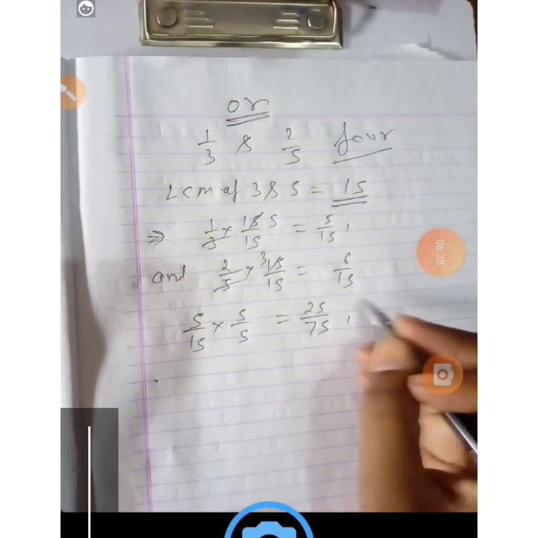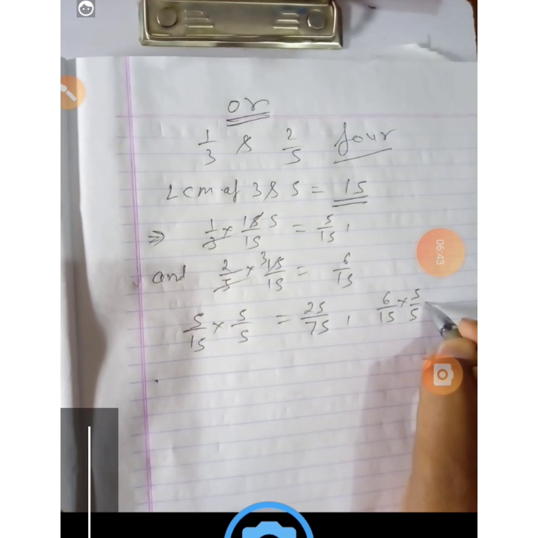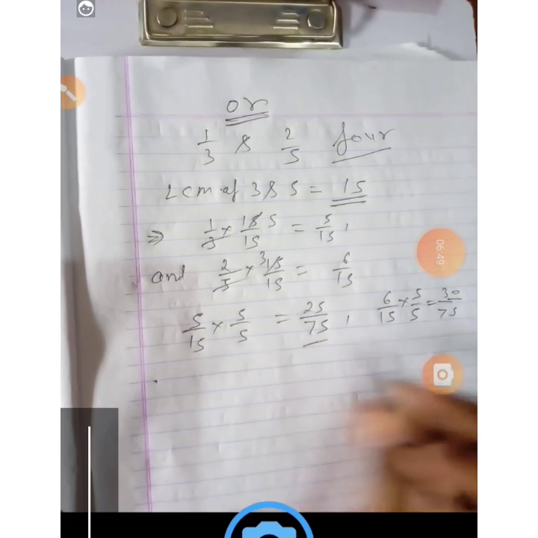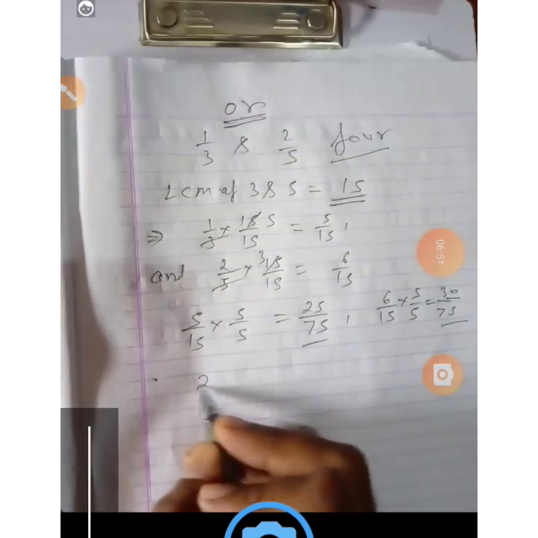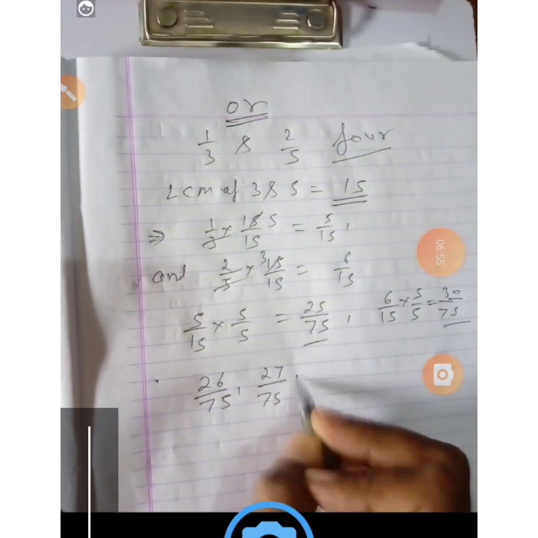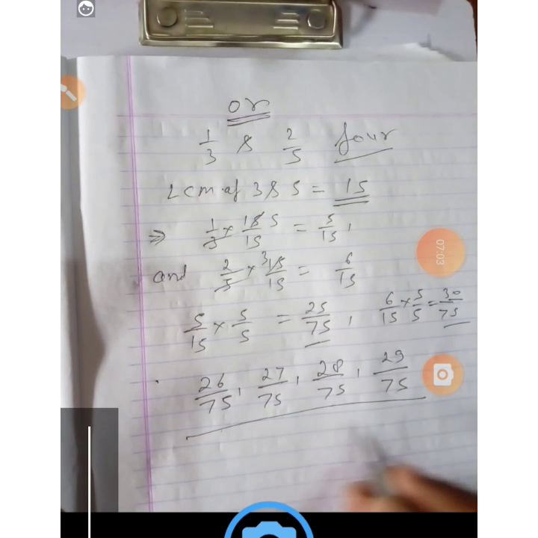In the second number, 6 by 15 multiplied by 5 by 5 gives 30 by 75. We want to find four rational numbers between 25 by 75 and 30 by 75. So these are 26 by 75, 27 by 75, 28 by 75, 29 by 75, between 1 by 3 and 2 by 5.